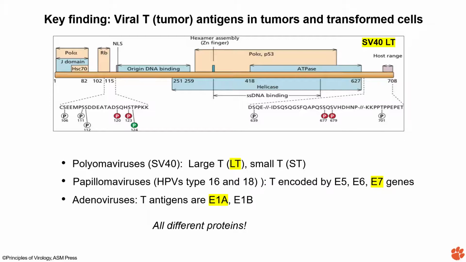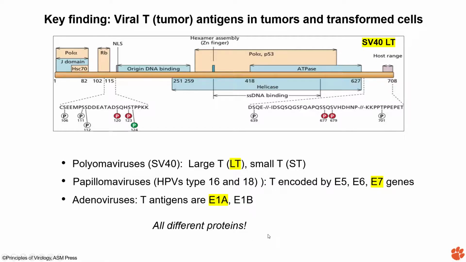It is a large tumor antigen, so that is where the T comes from. There is a large T, large tumor antigen, and a small t as well in the polyoma. In the papilloma, HPV-16 type, they encode the E7 gene, and adenovirus produces a T antigen or tumor antigen, E1A.